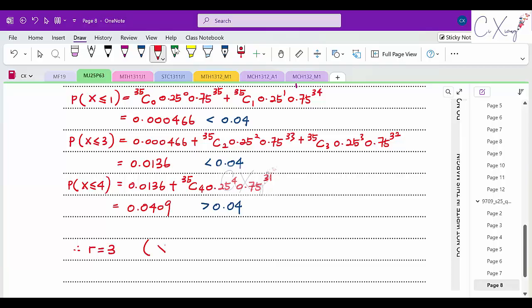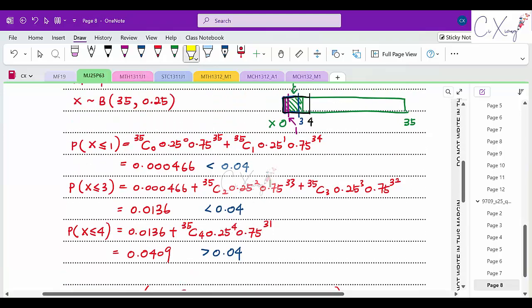It also means that x smaller equals to R is the rejection region, or x smaller equals to 3 is the rejection region. So in my question here, the value of R should be equal to 3.